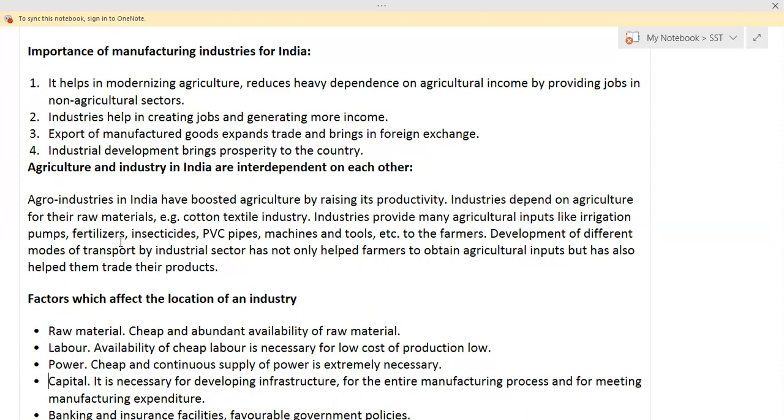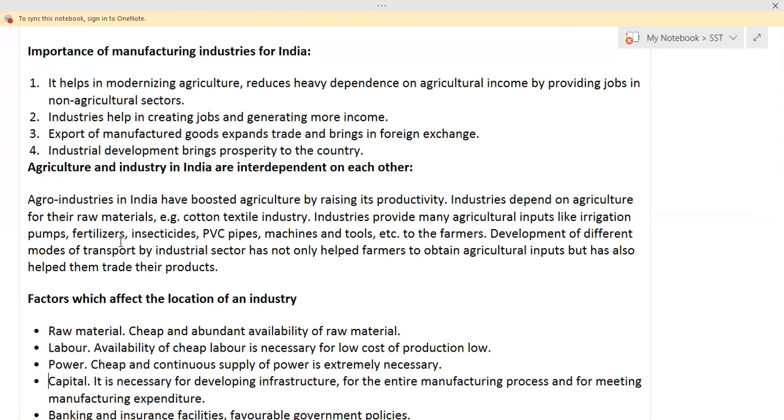Industries help in creating jobs and generating more income. So we know that industries create more job options and generate more income. Export of manufactured goods expands trade and brings in foreign exchange.